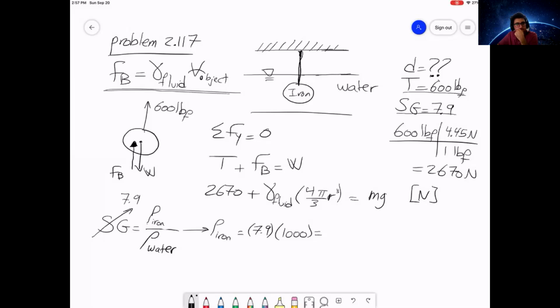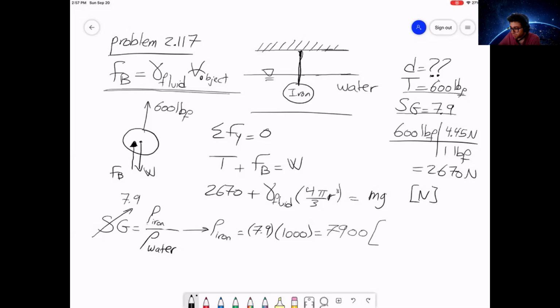Okay, and then we can solve for mass. So this one is 7,900. And what's the unit? I like to carry units because the way I solve this problem is just by looking at units.